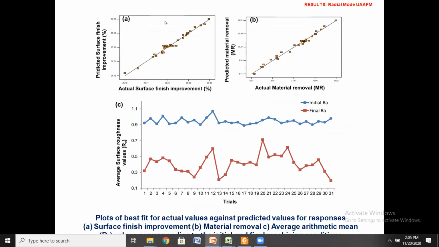So here this plot shows the predicted versus actual plots in RSM. On the y-axis you can see the predicted surface finish improvement. On the x-axis you can see the actual surface finish improvement. And here you can see the slope line, and the dots show that the experimental values for output 1 and this is for output 2 were very close.